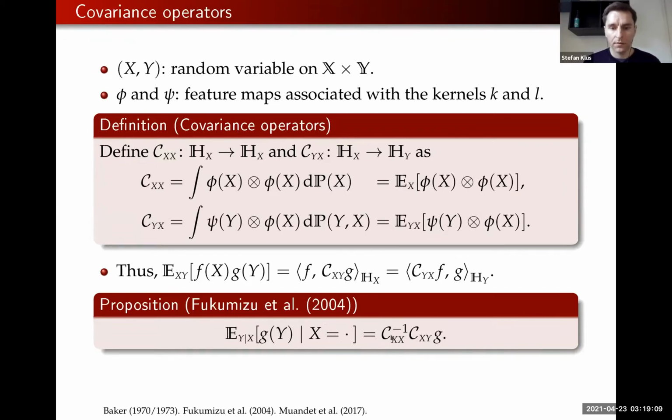And here on the left, you have then this inverse of the covariance operator and this cross-covariance operator applied to a function. And this looks like, if you're familiar with these Koopman operator-based methods, an EDMD approximation. The only problem here is that this operator is in general not invertible. So typically we have to regularize it, and then we just replace C_XX by C_XX plus epsilon times the identity. So this is the standard Tikhonov regularization to make sure that the inverse exists.